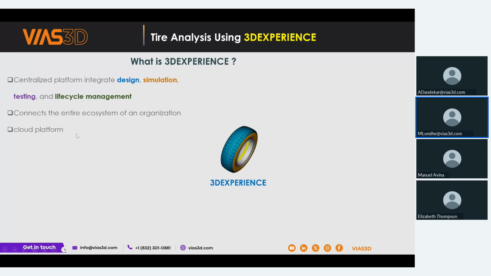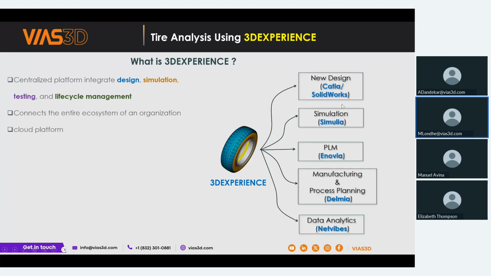For example, in tire, if you want to do the complete tire, from the very start of your ideas to the complete manufacturing and testing, you can start with the new designs where we can use Dassault CATIA and SolidWorks. Once your model is ready, you can perform the simulations using Abaqus, where you can do the various simulations which we discussed earlier.